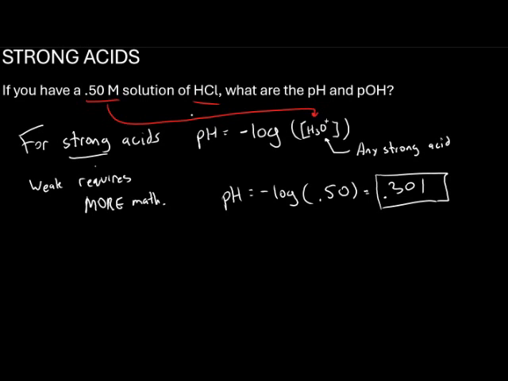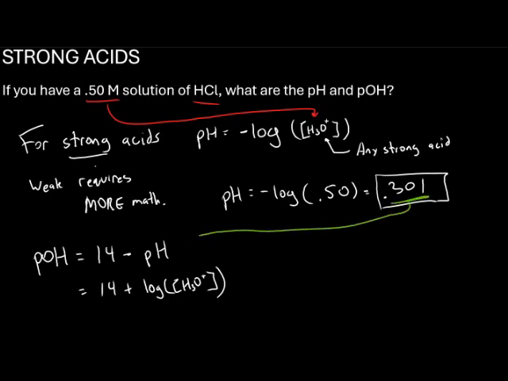Now, in order to get pOH, we can always say that the pOH is equal to 14 minus the pH itself. If you prefer, you may also rewrite this as 14 plus log of H3O. However, since we already have the pH from our previous step, we'll just use the first version of this equation and find the pOH.